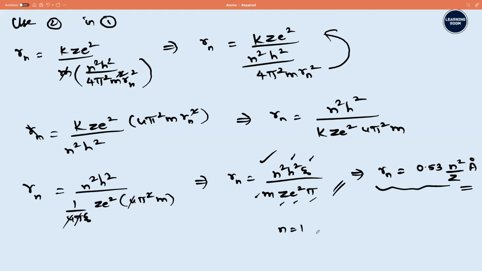So, if I put n is equal to 1 and Z is equal to 1, what happens? What atom is it? It is a hydrogen atom. So I'll get R is equal to 0.53 angstrom, and this is what is called Bohr's radius.